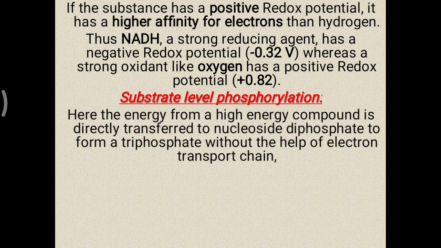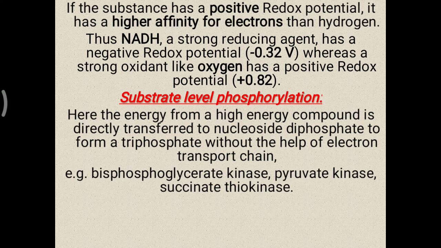Here the energy from a high energy compound is directly transferred to a nucleoside diphosphate, NDP, to form a triphosphate molecule, NTP, without the help of the electron transport chain. So without using the ETC, direct substrate level phosphorylation occurs. Some examples are bisphosphoglycerate kinase, pyruvate kinase, as well as succinate thiokinase, which we have already seen in the TCA cycle.